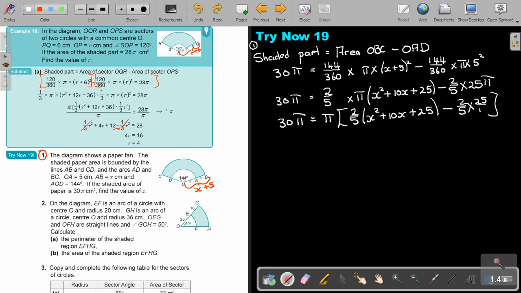All that I want to show is that I'm going to divide by pi on both sides, so the pi's will cancel. I'm ending up with 30 equals 2 over 5 times x squared plus 10x plus 25, minus 10. 5 goes into 25 five times, so minus 10.